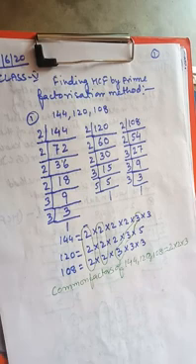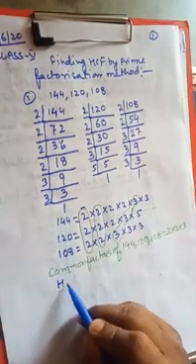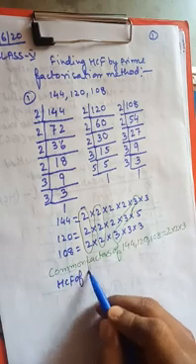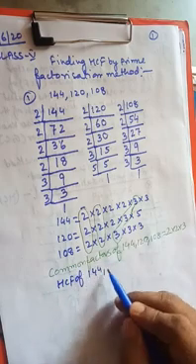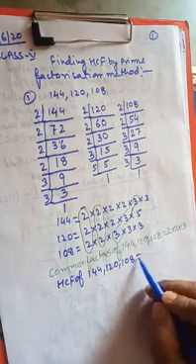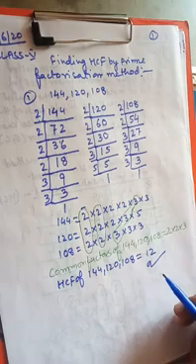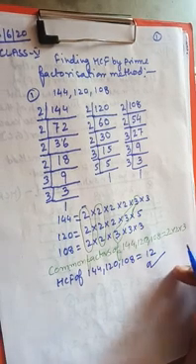Now we have to write the HCF. So we can write, HCF of 144, 120 and 108 is 12. So this is our answer. So the HCF of 144, 120 and 108 is 12.